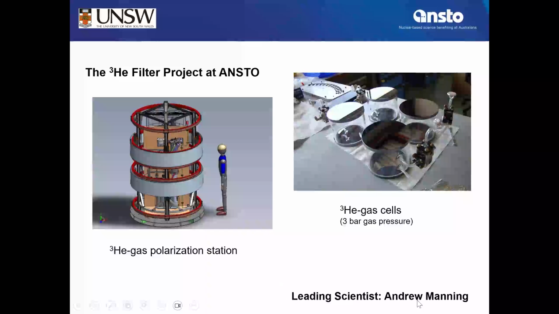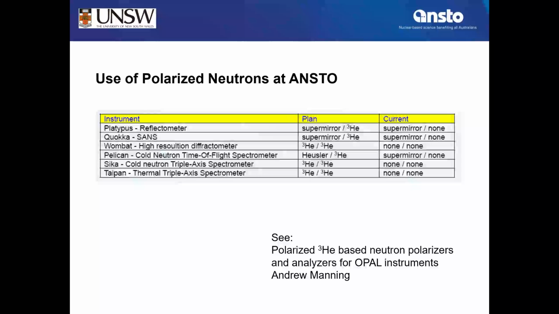So here again, more details, Andrew. That's an older list. Andrew, please forgive me. I should have asked you for a current list. This is an older list of how polarization is performed on different instruments at ANSTO. Like here you see a Heusler crystal on the inelastic machine, supermirrors, or helium-3 gas cells.